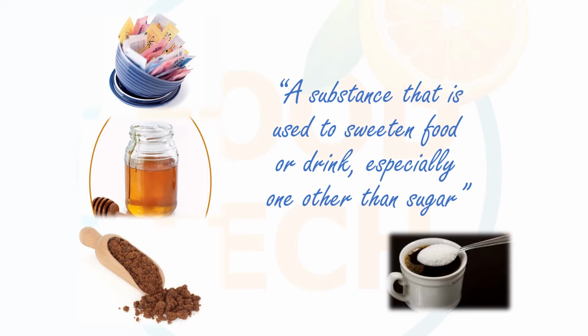Regularly, we use it in tea, any of these desserts we eat. But there are various other compounds of substance that have the property to impart sweetness to the food commodity, and these are known as sweeteners.